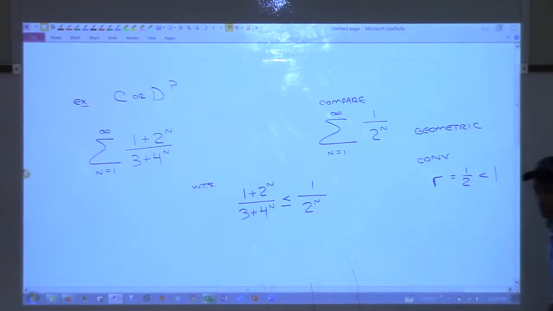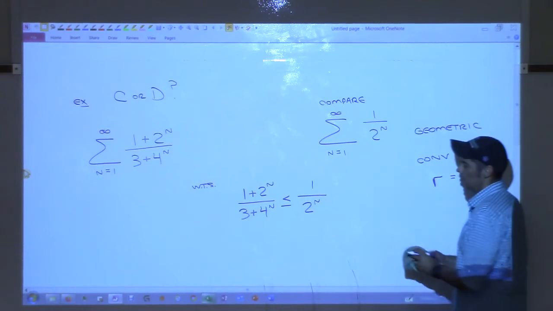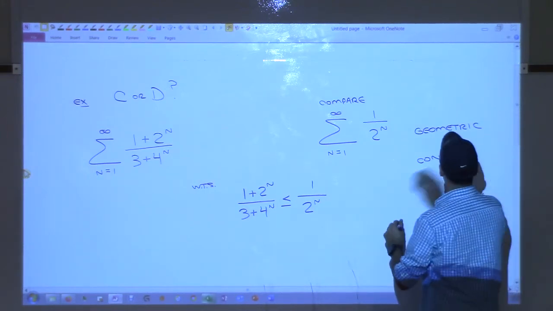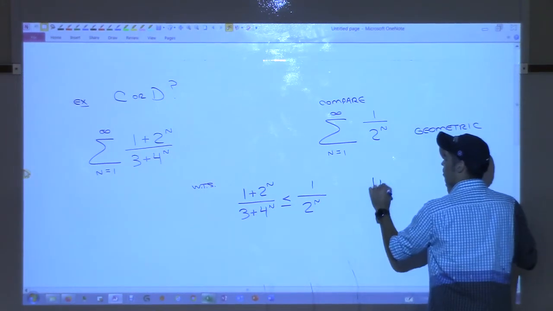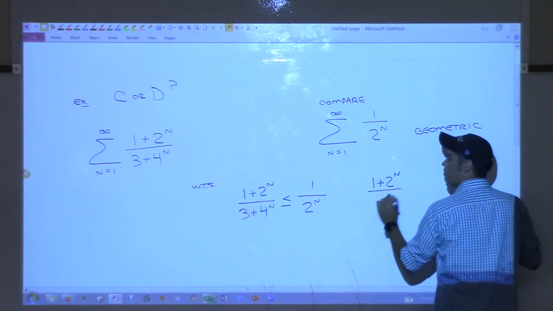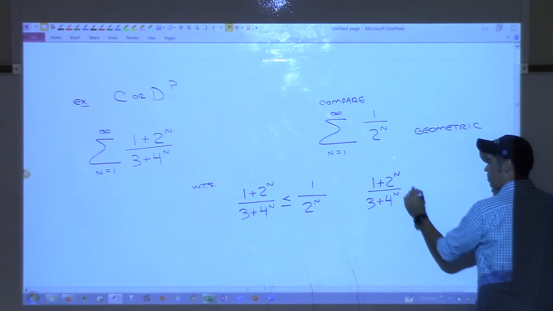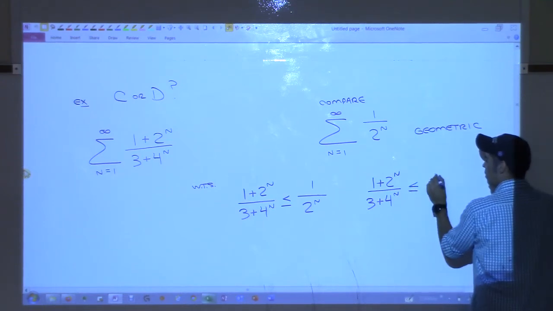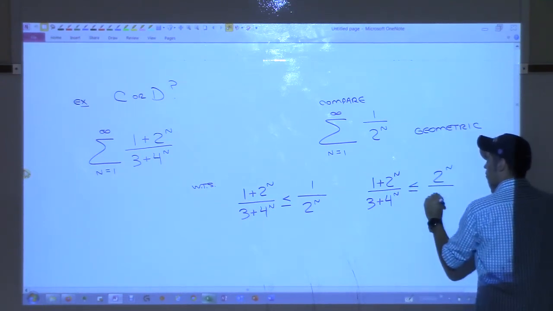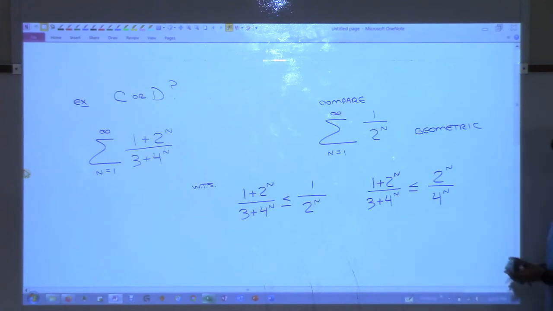So I'm going to try something a little different. You ready? This is what we want to show, right? I'm going to move this over here. How about this? 1 plus 2 to the n over 3 plus 4 to the n less than or equal to 2 to the n over 4 to the n. That's just me rewriting it.